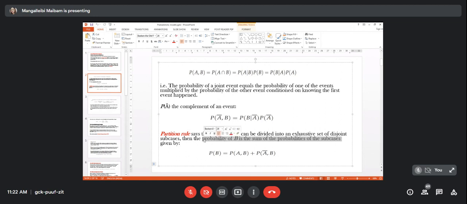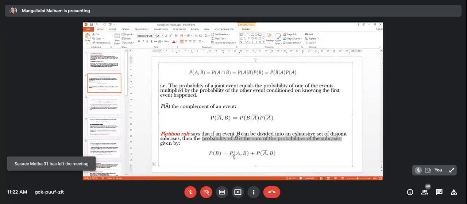You can go through these notes once; these are the normal set theory and probability, which you have already learned. So in the partition rule, the probability of B is the sum of what?